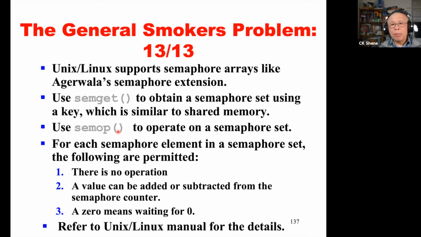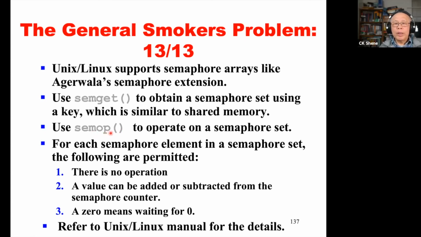As you can imagine, in Unix, the use of semaphore operation is rather complex. Because we're not talking about a Unix system here, I leave this for you to dig into the Unix and Linux manuals.